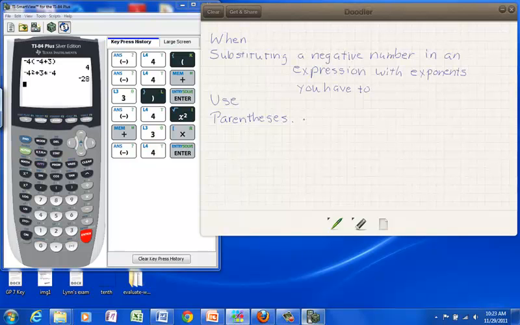All right, that's a fairly long rule. When substituting a negative number in an expression with exponents, you have to use parentheses.